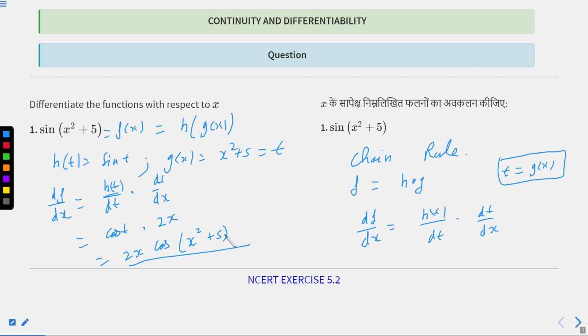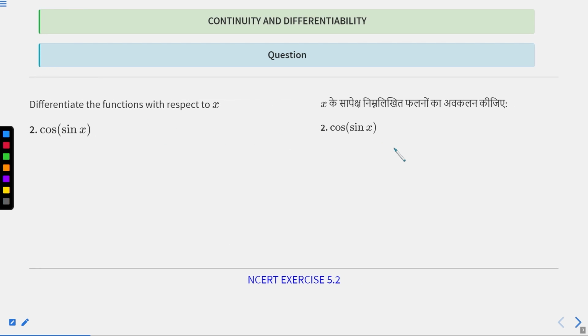Now the second question, where I have to use the same thing. This is fx and I am taking it as h of gx. Now gx I am taking as sin x, and this is just t.